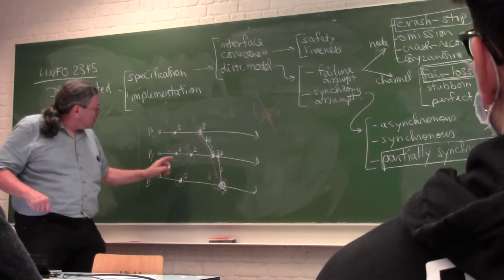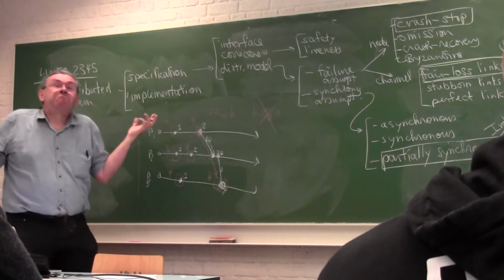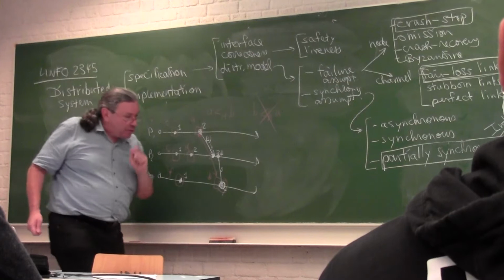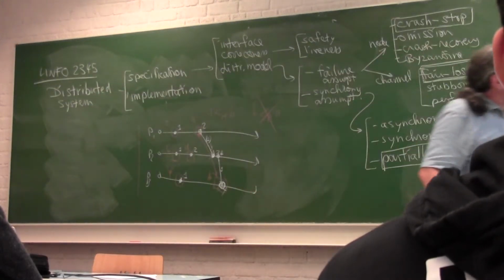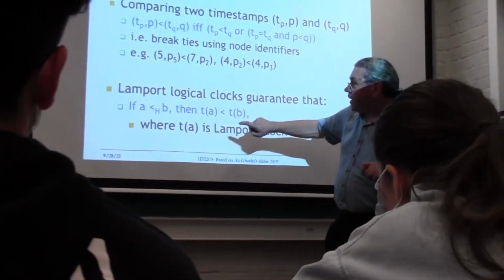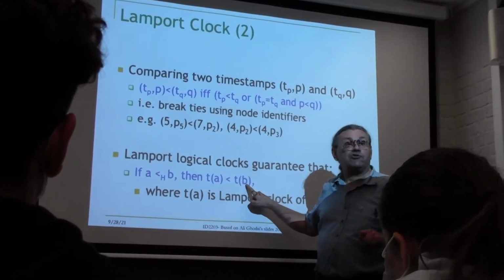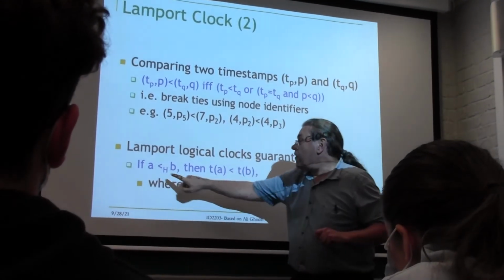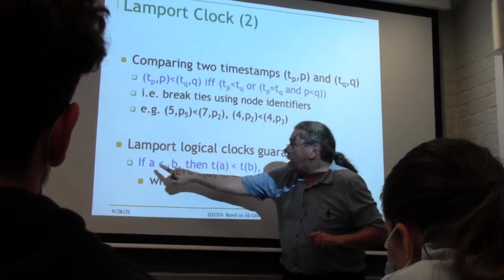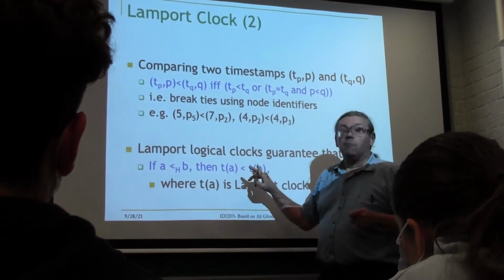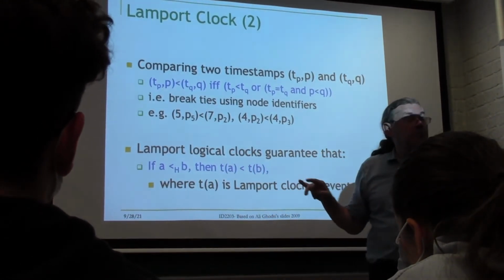So it's not because the clock is the same or different that I'm learning something. The Lamport clock is the simplest one. It only says one thing. If there is a causal connection, it will tell me the direction. If A and B are causally connected, so A is before B or B is before A, then I can compare them. That's all it's telling me.